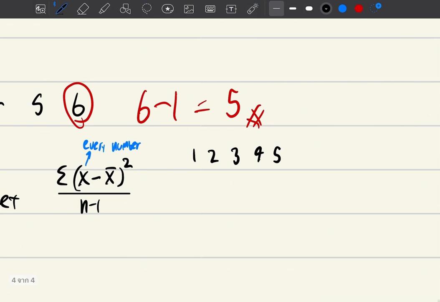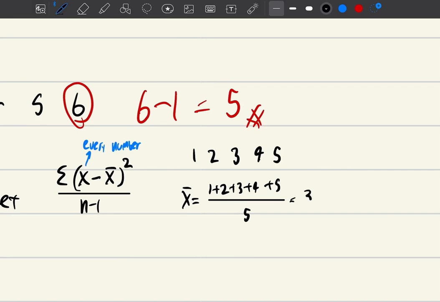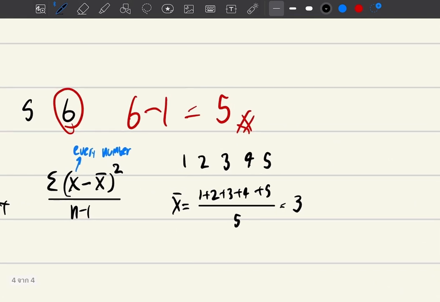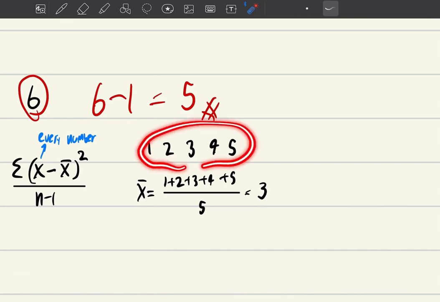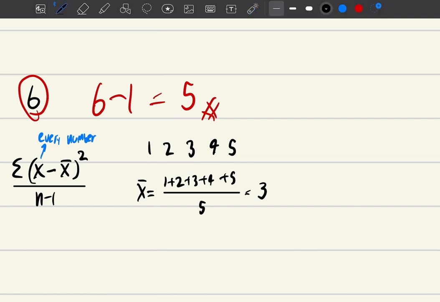What is the mean of the dataset? The mean is equal to 1 plus 2 plus 3 plus 4 plus 5 divided by 5, which is equal to 3. So we're gonna use every number over here, subtract 3, square it and sum it together.